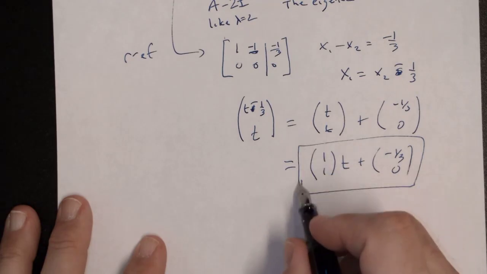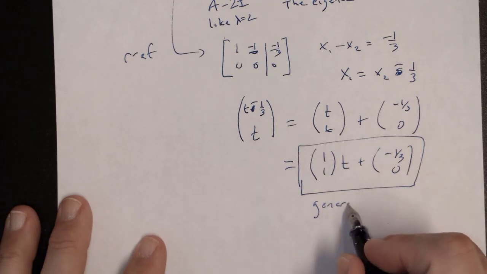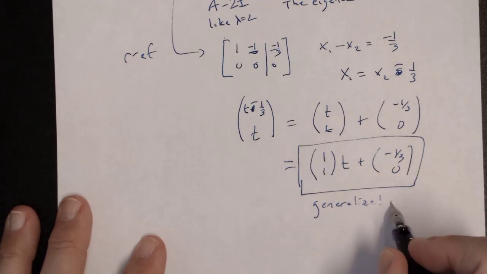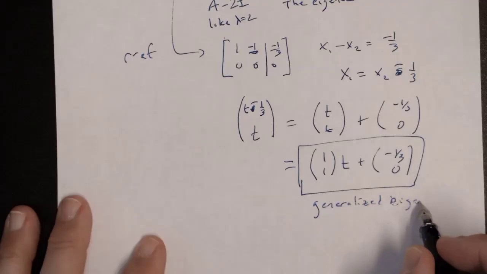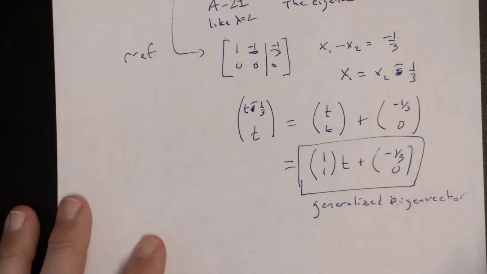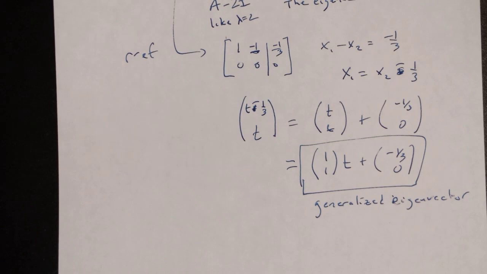This is my generalized eigenvector. This is the piece I want to use instead of just a t. I need to know what this extra piece is here.